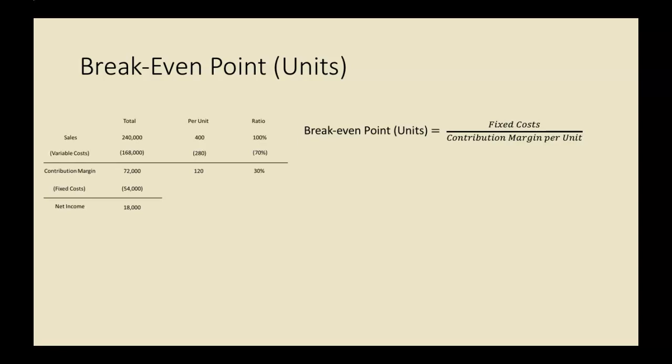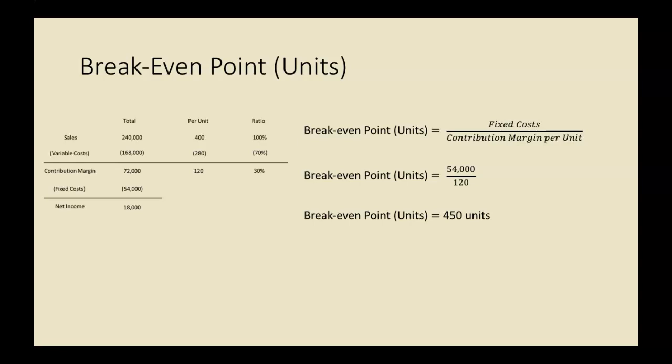So the way that we do that is we take our fixed cost divided by our contribution margin per unit. So our fixed costs are $54,000, and we divide that by our 120. That was our contribution margin per unit that we solved for in our CVP income statement. So our break-even point in units will come out to be 450 units.